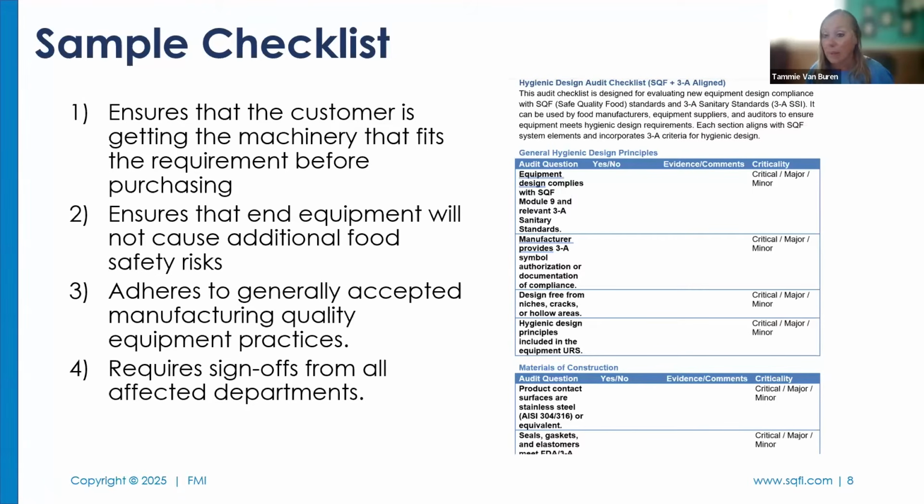So we have a couple of questions in the chat, so I'm going to pause for a second. Somebody wants to know where they can find backup on the claim that every dollar of prevention saves $7 to $10 in poor quality. That comes from, I don't know if you're familiar with the Indiana Council, but they put out books for quality control.